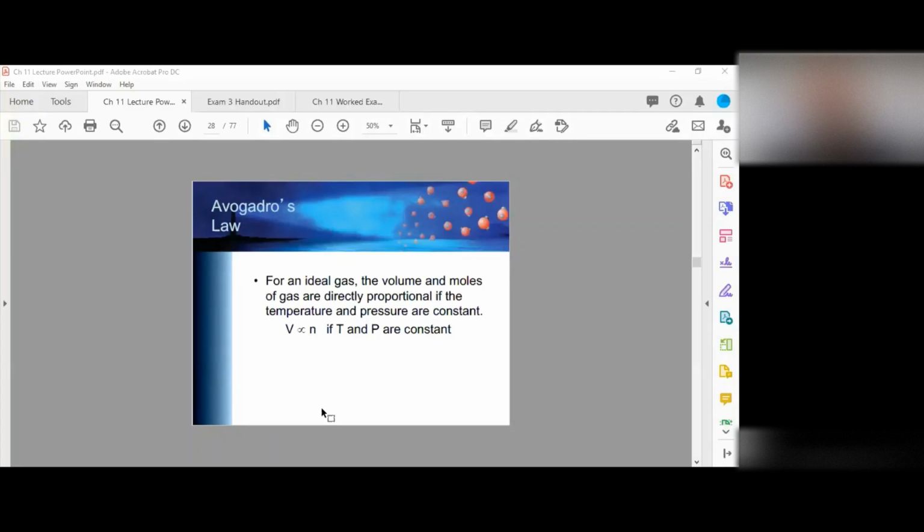Increasing pressure will decrease volume, increasing volume will decrease the pressure. We also talked about Charles's law, where it relates volume and temperature, and we said the relationship between the two is direct, where if you increase the temperature, volume will increase. If you decrease the temperature, volume will decrease at constant pressure and amount.